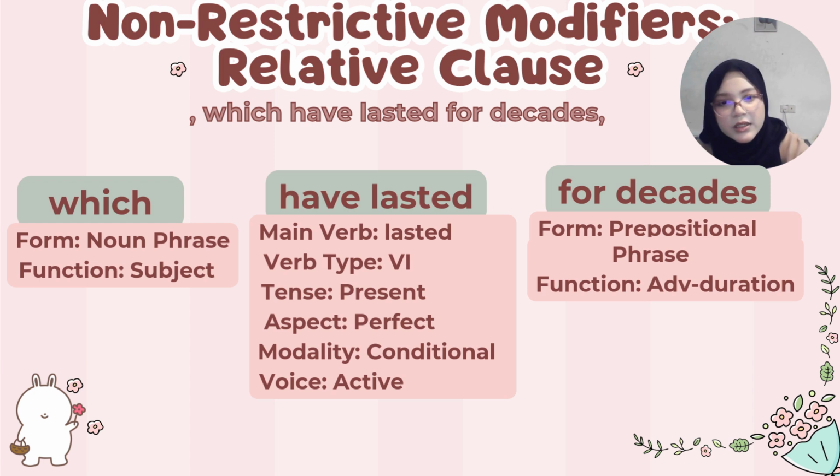The verb type is VI, the tense is present, while the aspect is perfect because of the past participle in the verb lasted, and the modality is conditional because of the modal auxiliary have, and the voice is active voice. Then we have for decades, functioning as an adverb of duration in the form of a prepositional phrase.